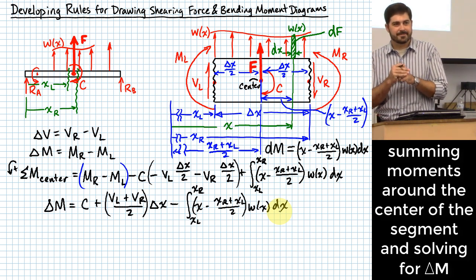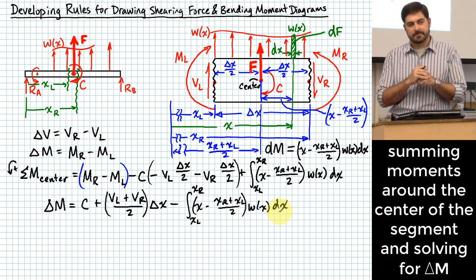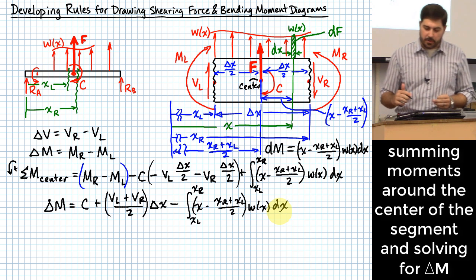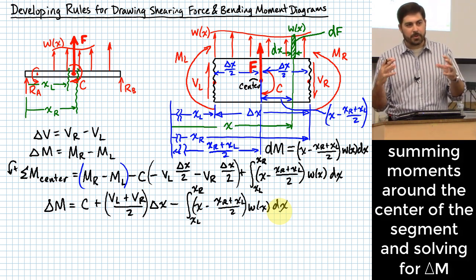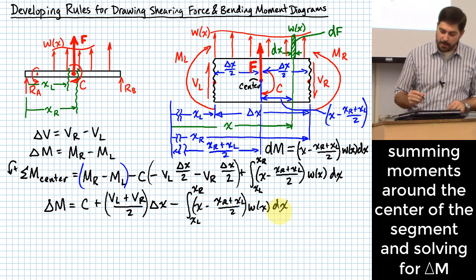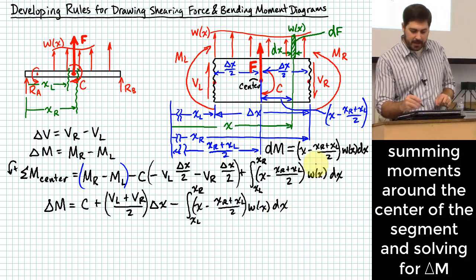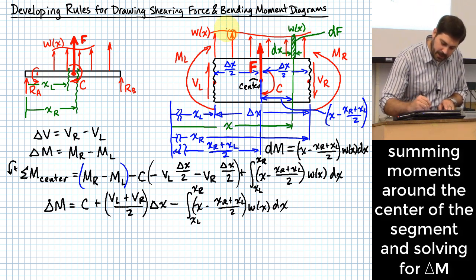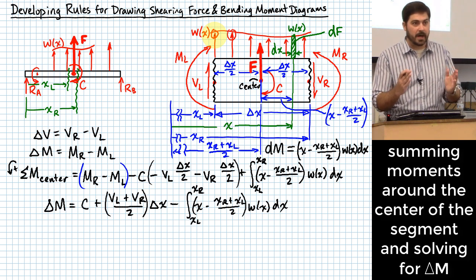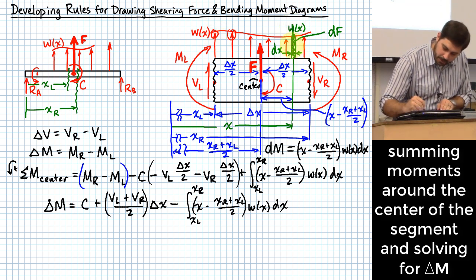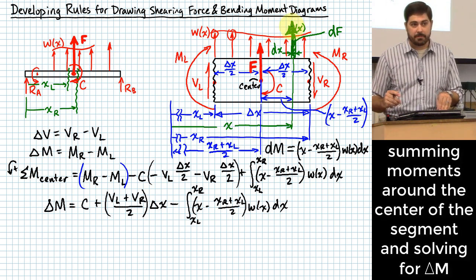Could you explain how you determine the sign of the integral? Okay, so we determined the sign of the integral because the integrand, the thing inside the integral, we defined it to be positive. The w of x dx is creating a little force. I showed all these little arrows upward. So w of x is positive upward, and so this little piece right here would be a net upward force because of that little triangle, and it would be a value of dF.